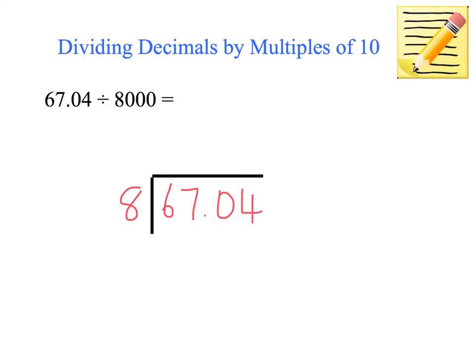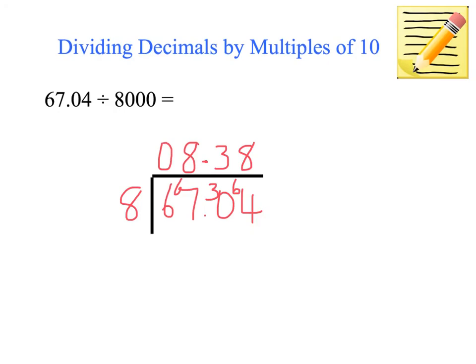So 8 into 6, well we can't do that. So it has to be 8 into 67. 8 8s are 64 with 3 left over. And don't forget, nearly forgot, put the decimal place. 8 into 30, 3 8s are 24 with 6 left over, and 8 8s are 64.